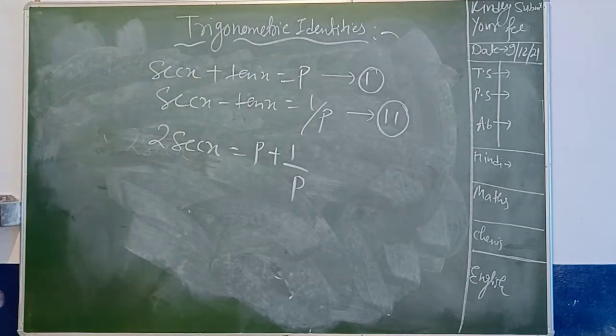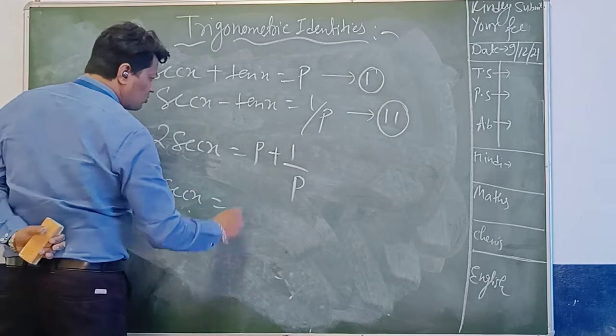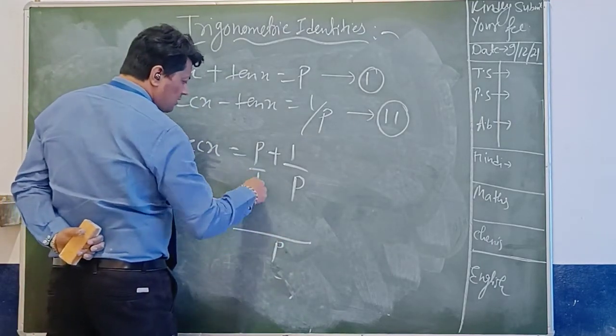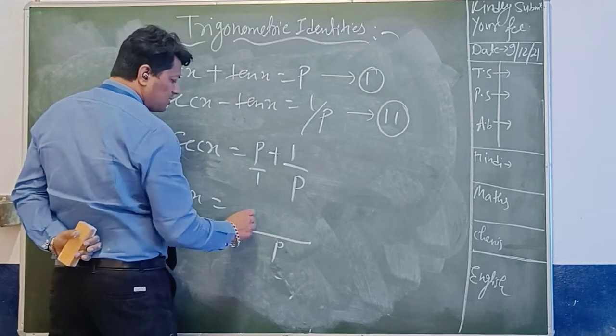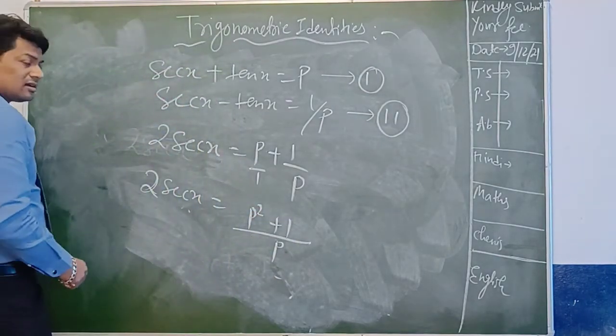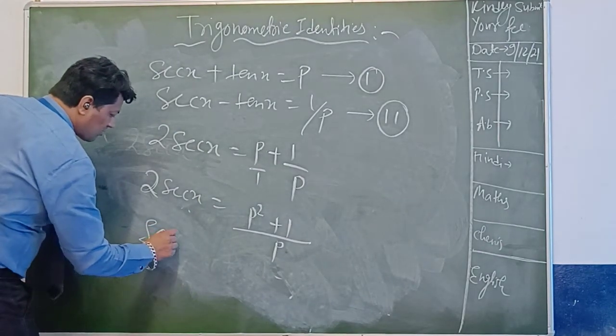Is it clear? So you can write 2 sec x equal to p square plus 1 upon p. Now we have to calculate sec x.